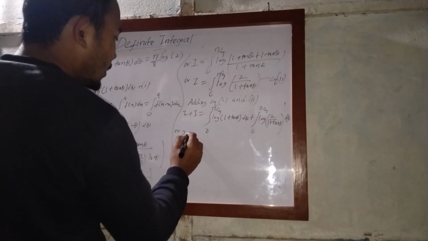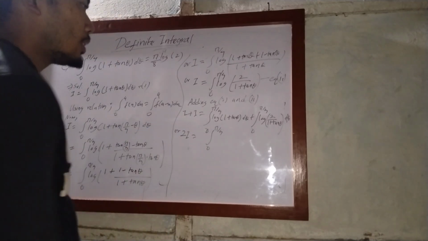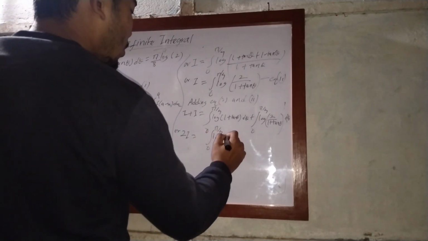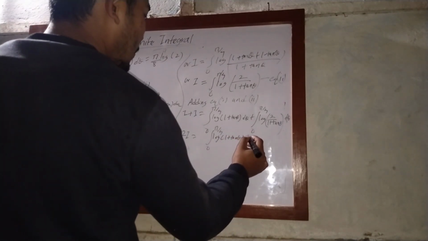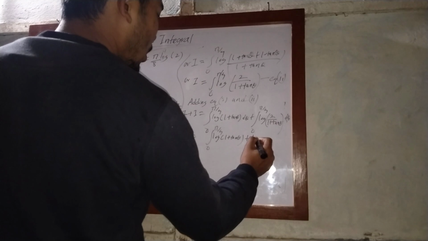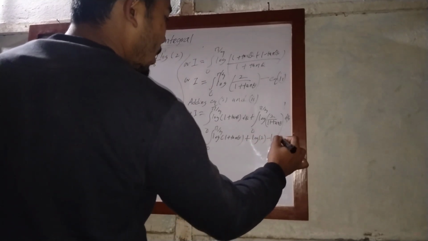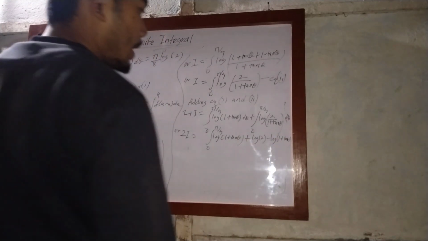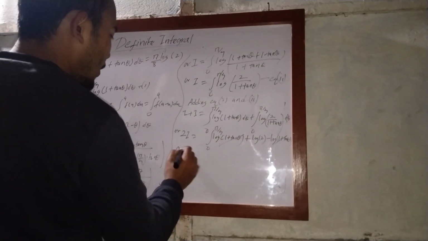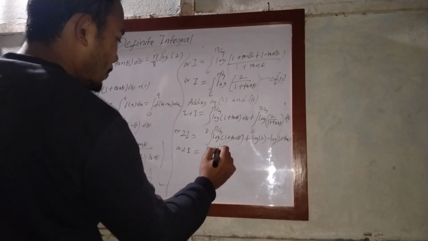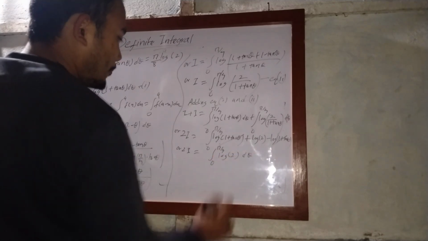Now I plus I, 2I, is the integral from 0 to pi by 4 of log (1 plus tan theta) plus log 2 minus log (1 plus tan theta). The log (1 plus tan theta) terms get cancelled, and we remain with 2I equal to the integral from 0 to pi by 4 of log 2 d theta.